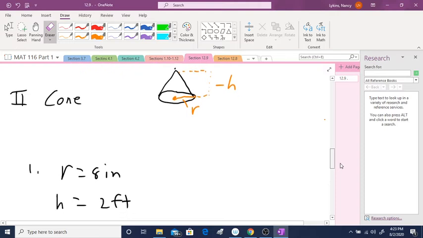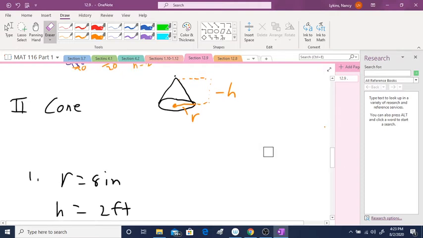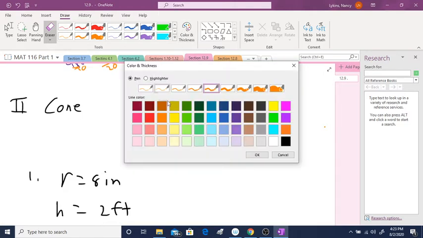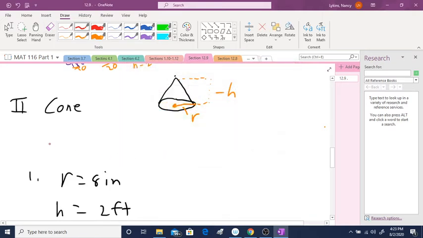Cone. Cone is the same kind of scenario. You got a radius and a height. And the volume formula for this, the volume of a cone now is, we still use the 1/3, but we do pi r squared times h.